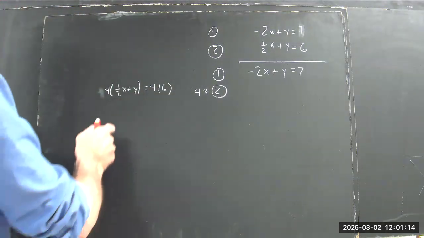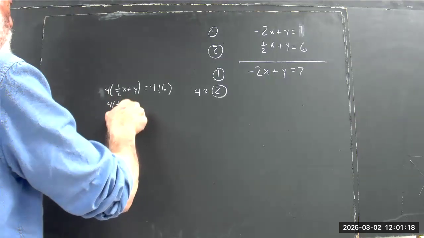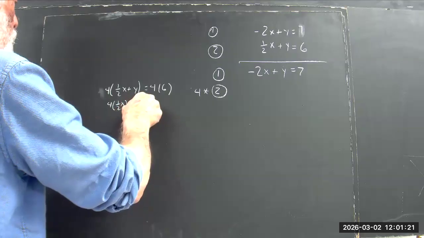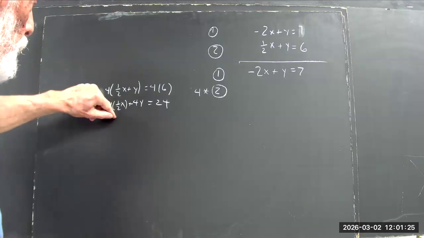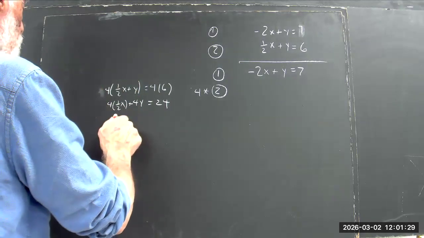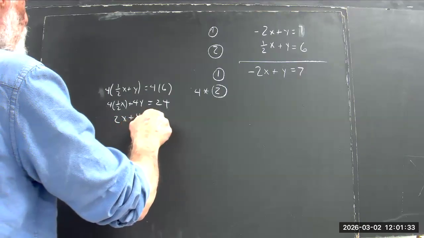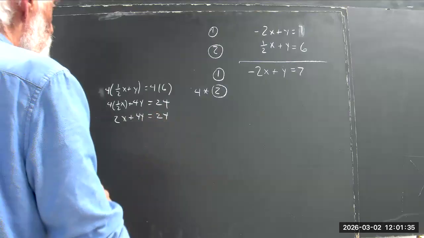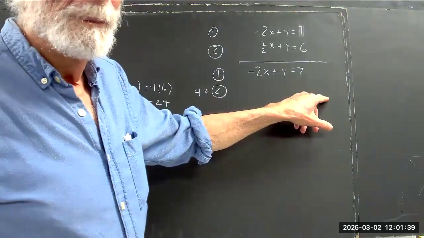Then do the arithmetic. You're going to have 4 times 1/2 x plus 4 times y equals 24. 4 times 1/2 is 2, so you have 2x plus 4y equals 24. And then you write that down here.